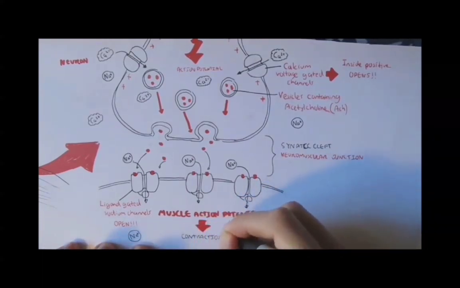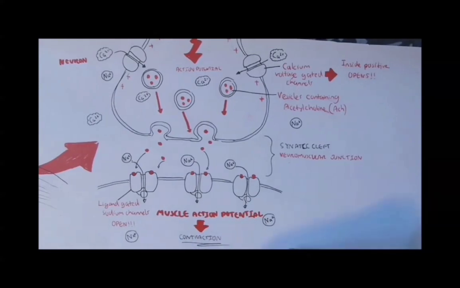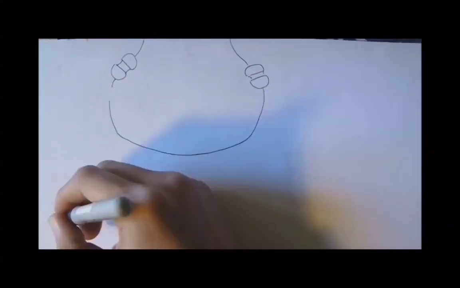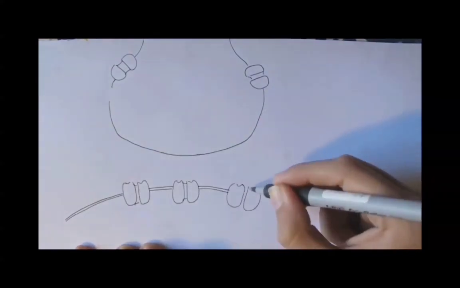Hope you got that. Now let's see what will happen after contraction, shall we? So here once again we have the neuron, the end bulb, the voltage gated channels, calcium and sodium channels here on the muscle fiber.